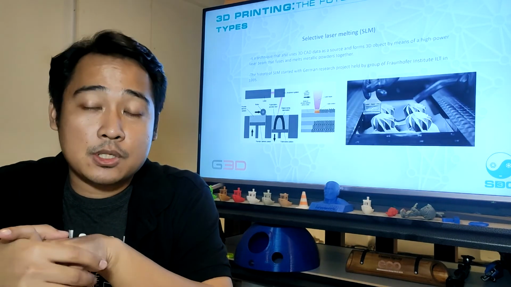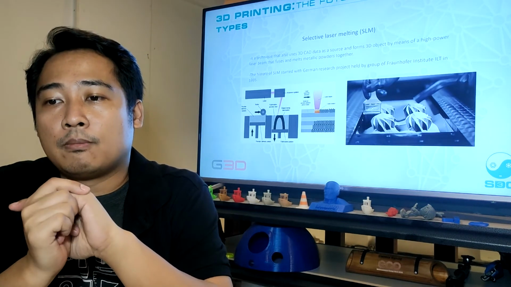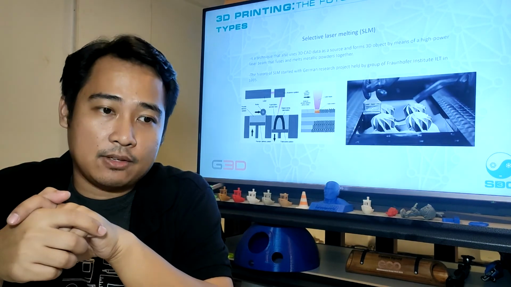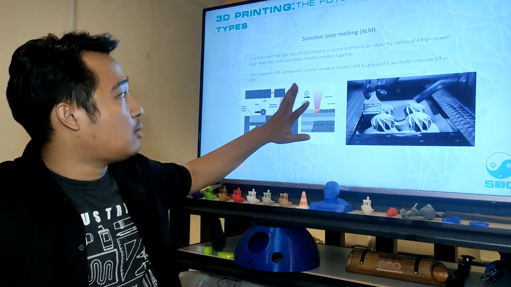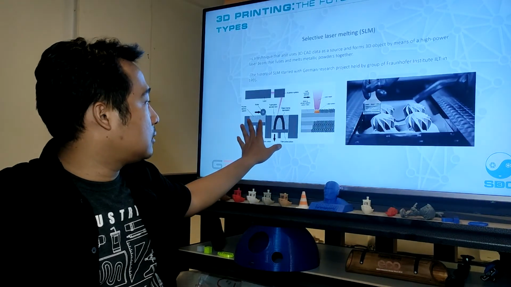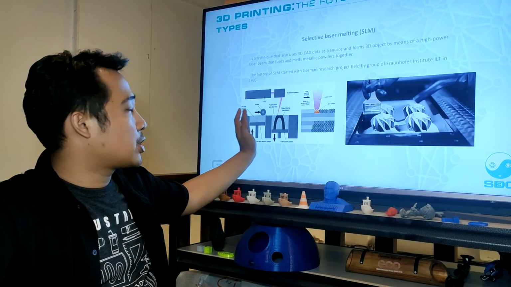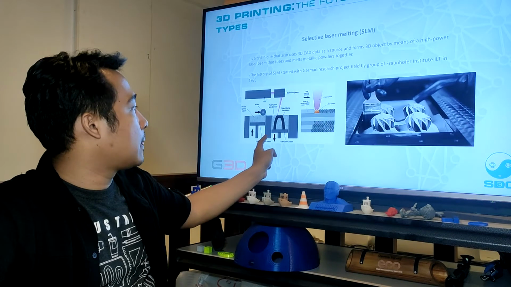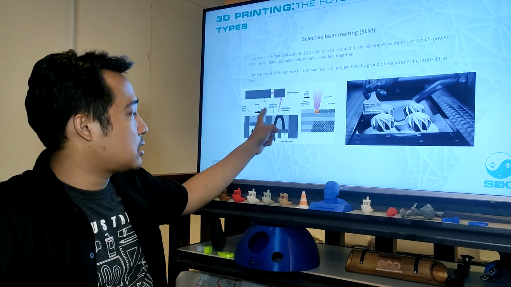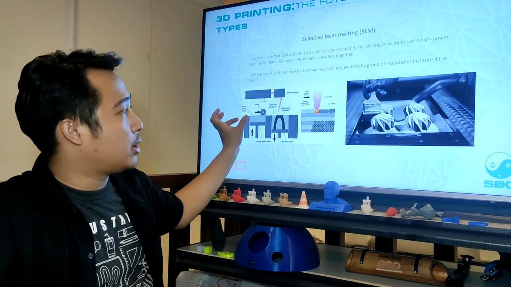The history of SLM started with a German research project held by a group of Fraunhofer Institute or ILT in 1995. As you can see, same with the technology of SLA, but there's a roller that will push the powder to the vat or bed, then the laser or scanner system will cure the powder metal.